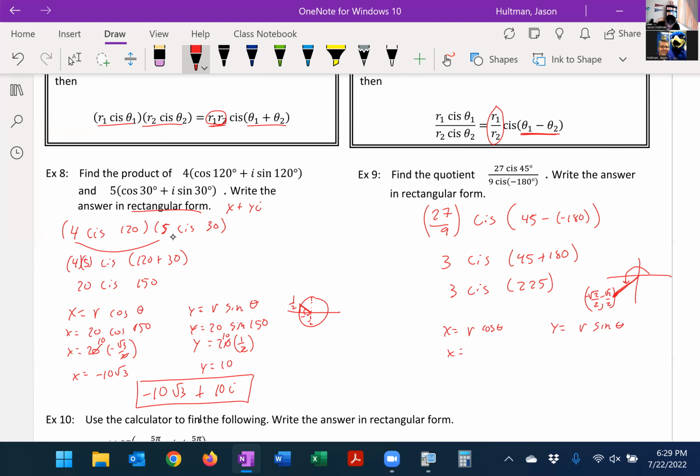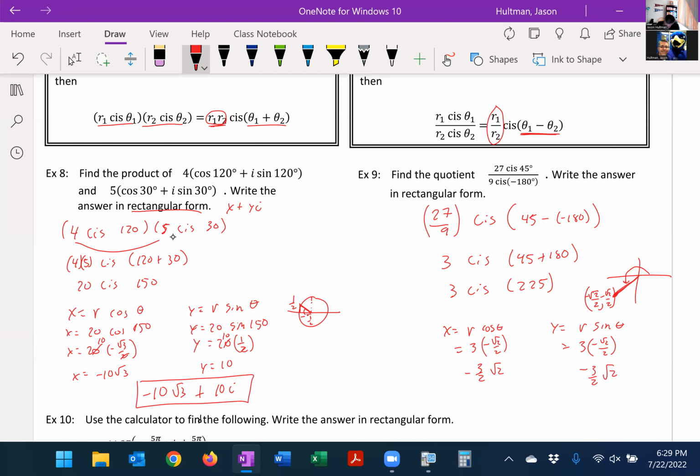R is 3, times the cosine theta, that's negative radical 2 over 2. And then y is the same thing, 3 times negative radical 2 over 2. So this is going to become negative 3/2 radical 2, and this is negative 3/2 radical 2.